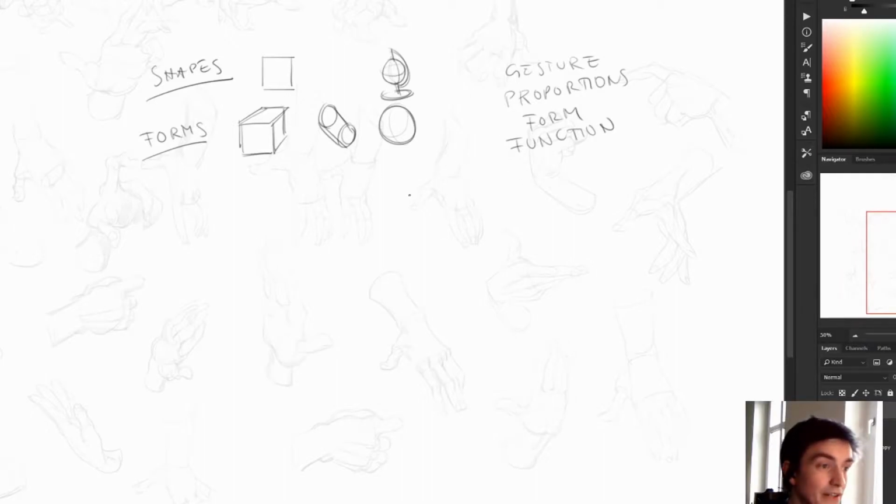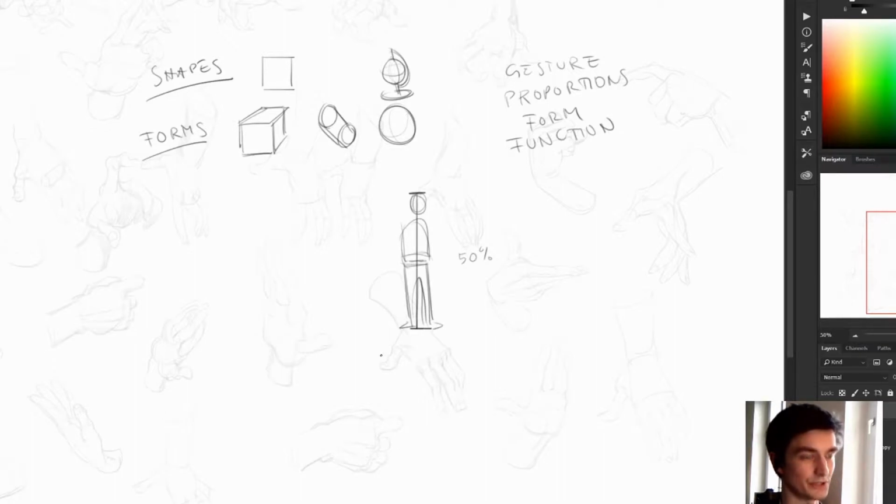If you know a human and you designate maximum height to this human and minimum height, and then you say, okay, there's something in the middle, there's our 50% of the body height, and you can pretty much always guesstimate that the head and torso are going to be roughly above this middle threshold, and the legs are going to be below that, for example. And now you have made a consideration as to what the proportion of something is.